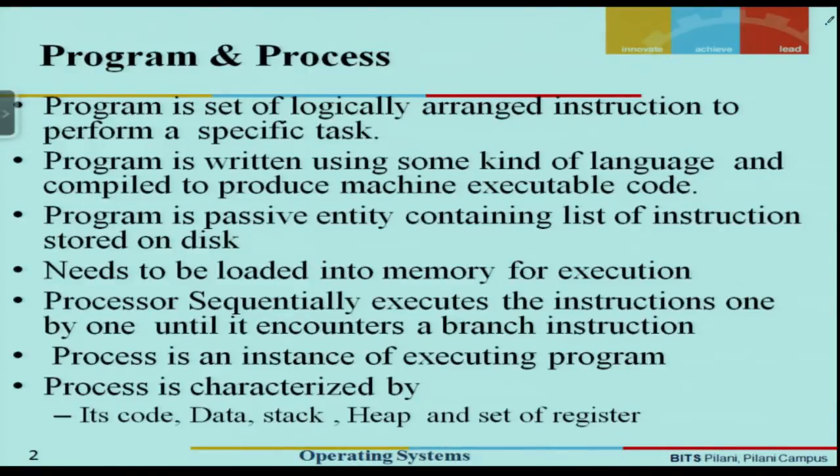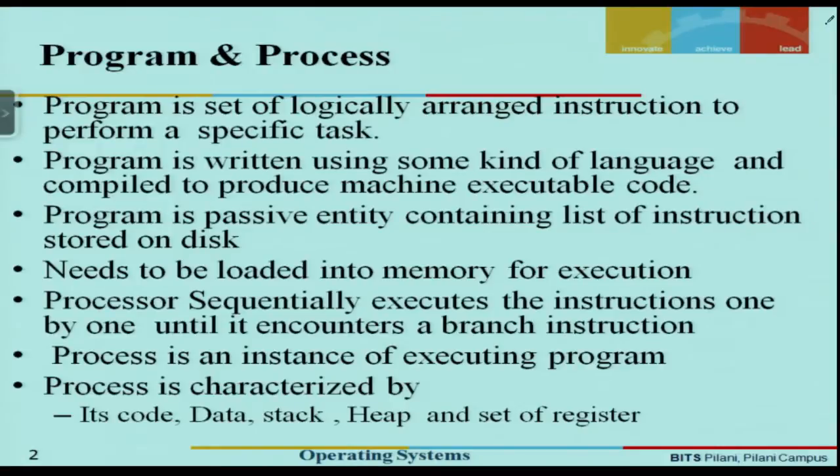When a program is executing, we say an instance of an executing program, we give it a specific name and we call it a process. So the process is an instance of an executing program, and there is a context associated with the process.